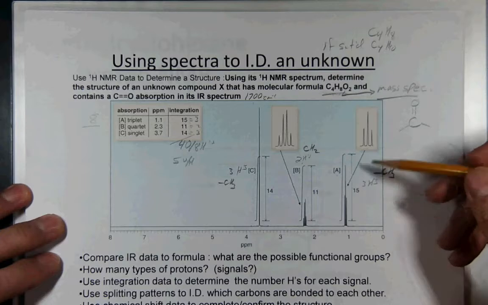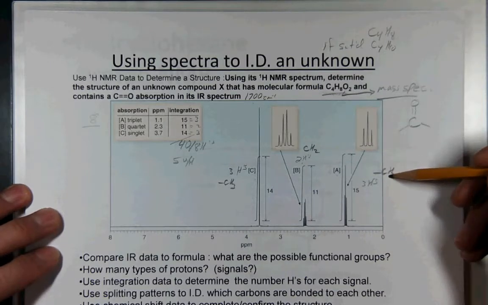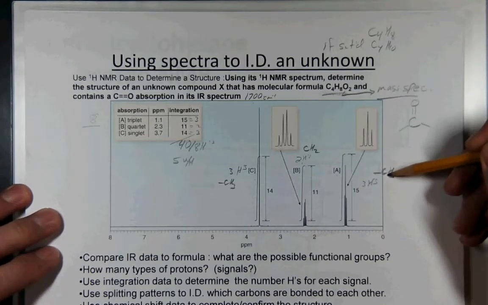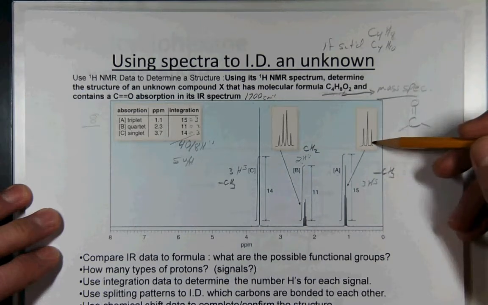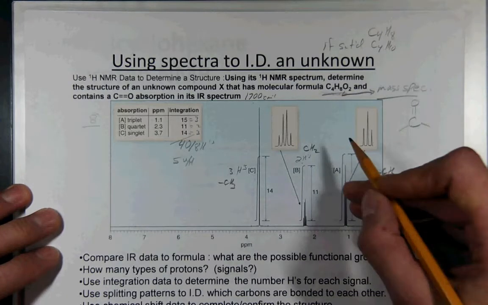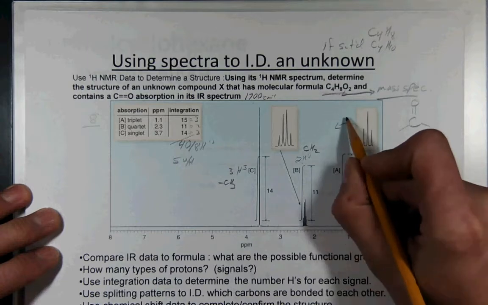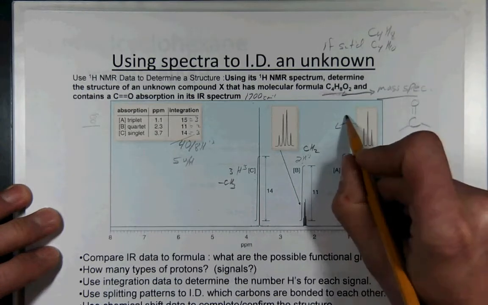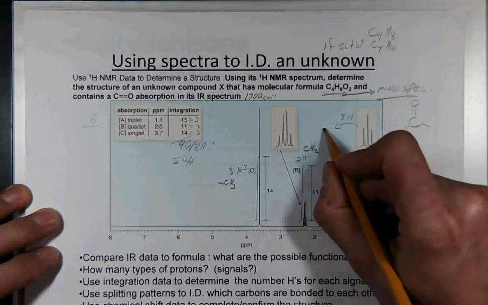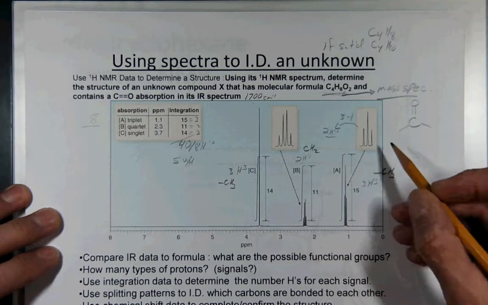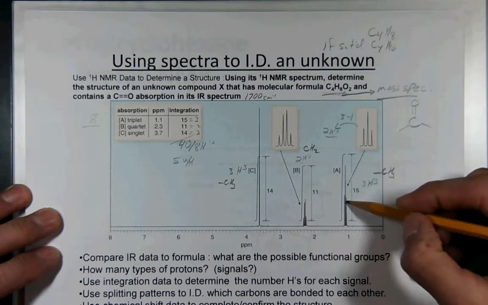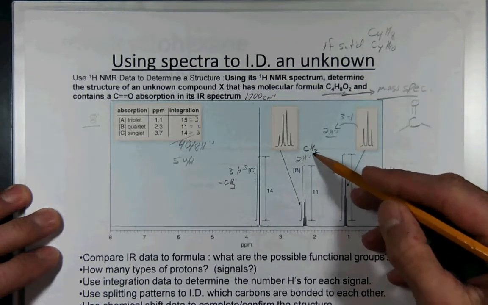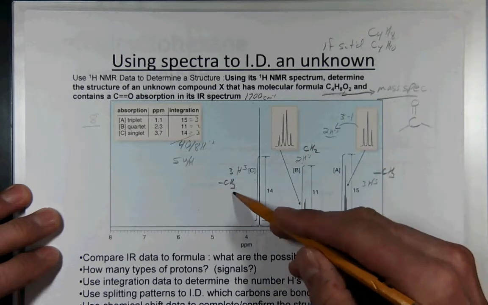From the splitting pattern, we can tell what their neighbors are. These 3 hydrogens are split into a triplet, which means they have to be next to, if you want to think, well, it's an n+1 rule, but you might want to think of it going the other way around, the n-1 rule. So 3 minus 1 gives me what? 2 hydrogens. The protons responsible for this signal are next to these 2 hydrogens, not these ones, because there's 3 here, so these 2.